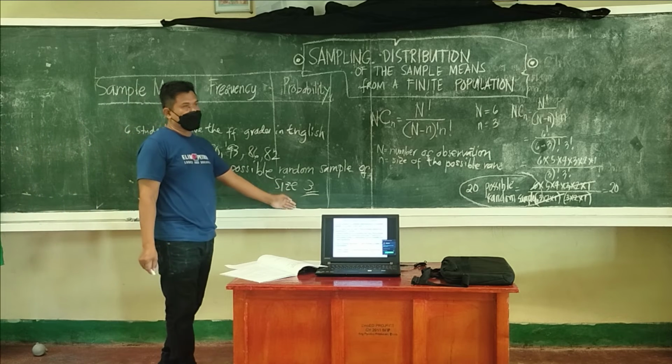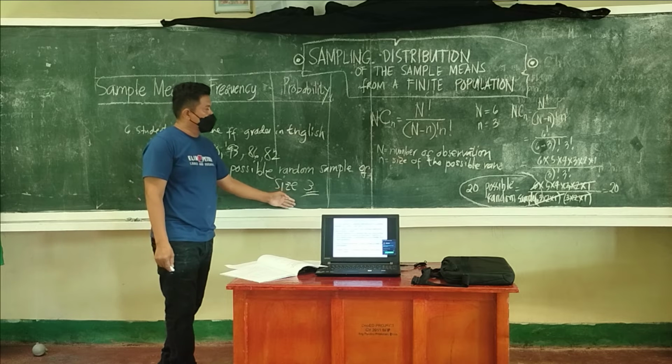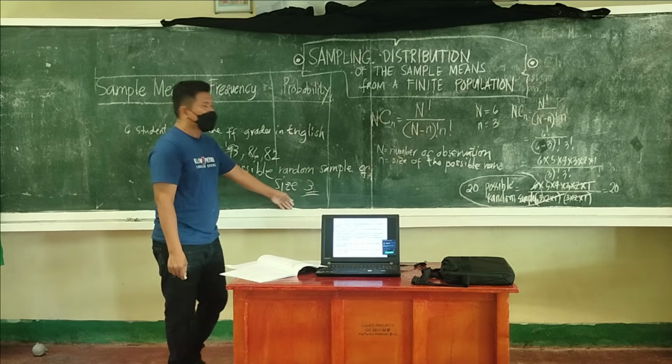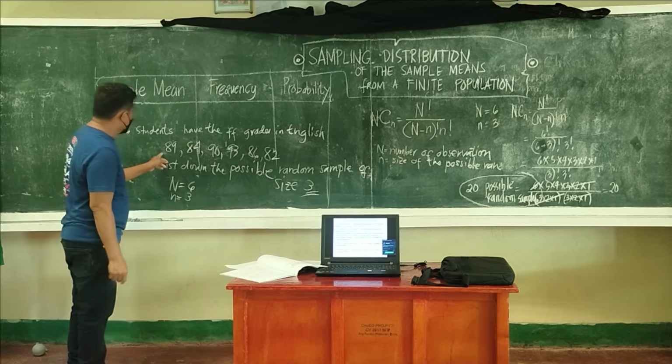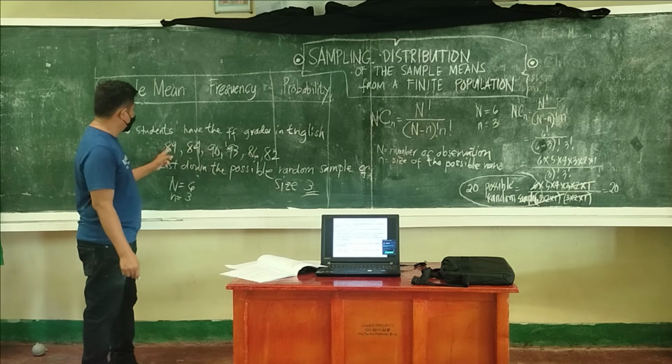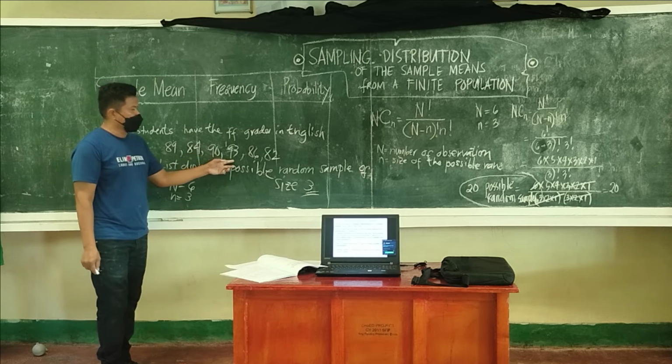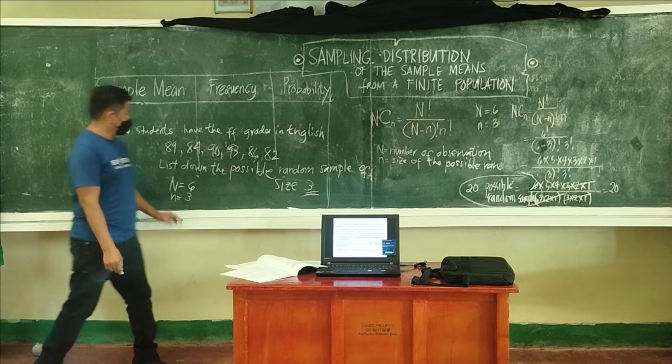Remember that the size of the random sample is 3. So this is now the population. We have 89, 84, 90, 93, 86, 82.